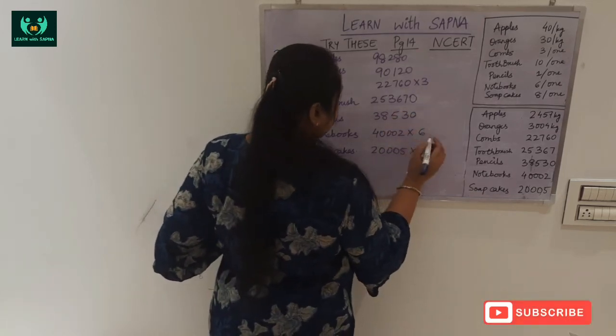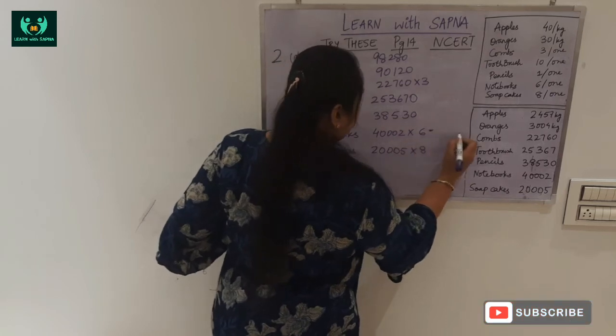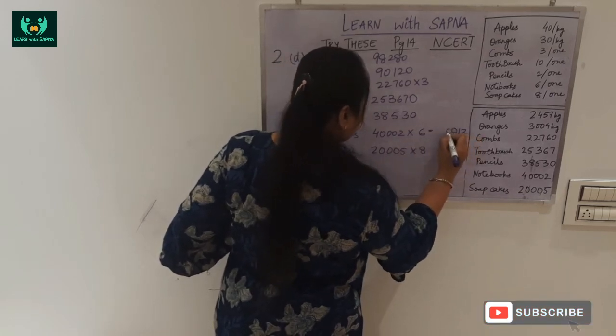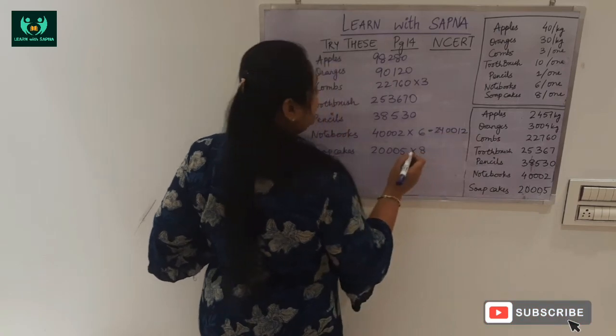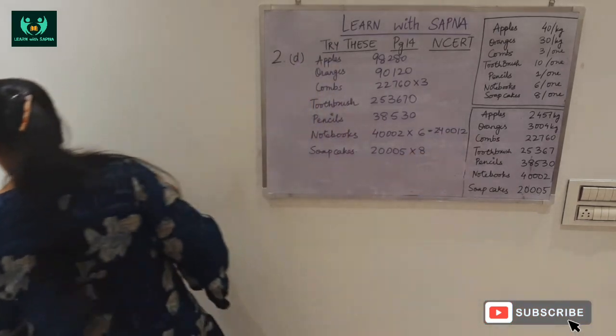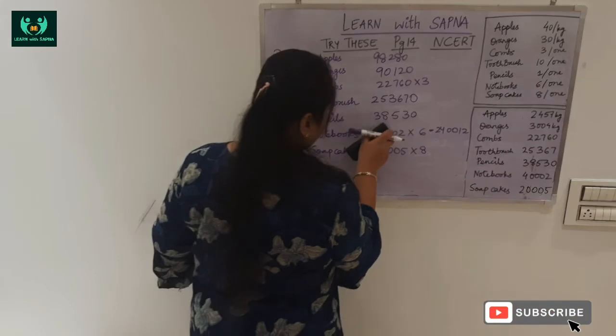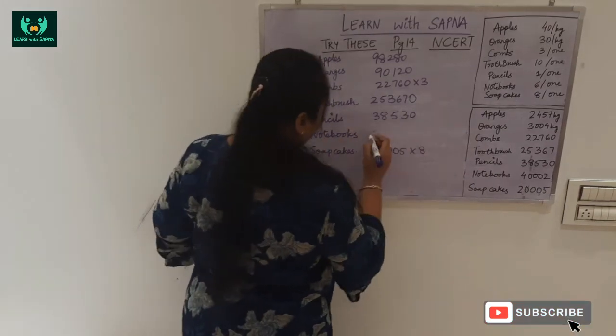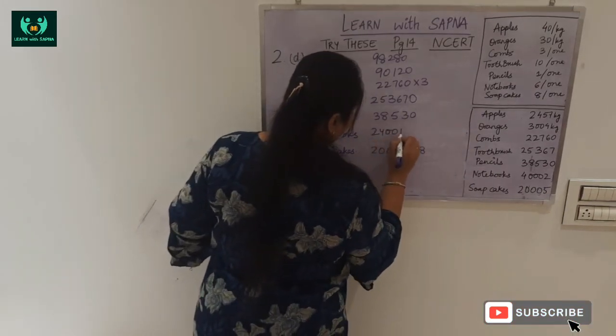मल्टीप्लाइड बाय 6, so it will be 6 to the 12, 0, 0, 6 4s are 24. So it will become 24, 0, 0, 12.